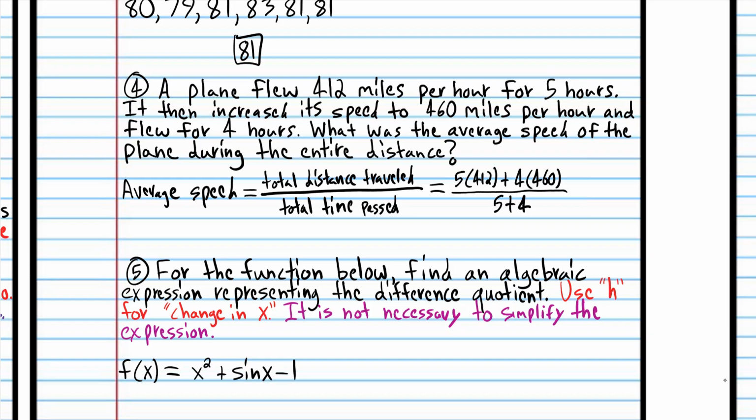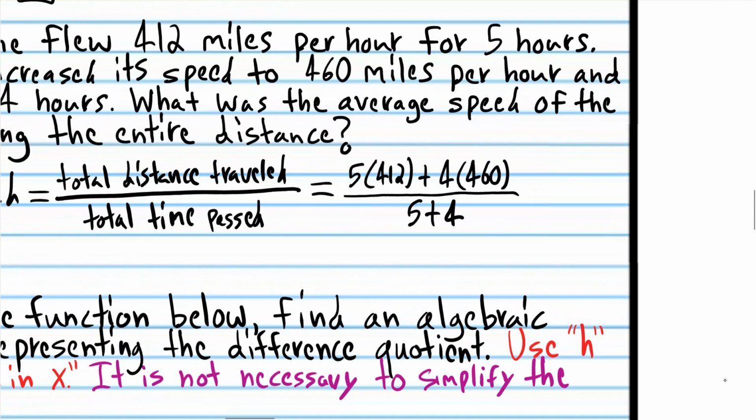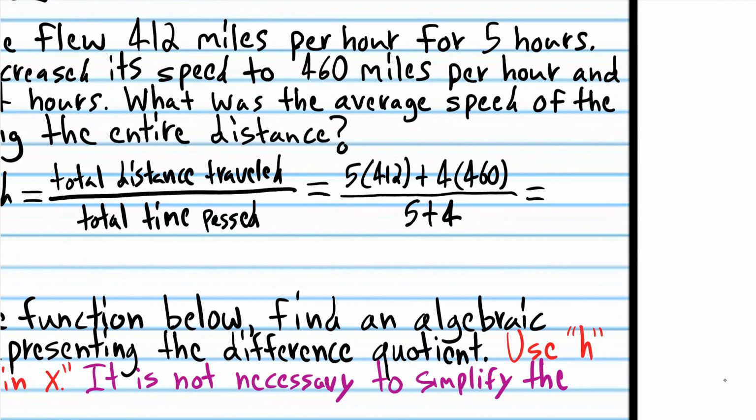5 times 412 plus 4 times 460 equals 3,900, and then divided by 9 equals 433 and a third. So 433 and a third, and I'm going to write that down here.